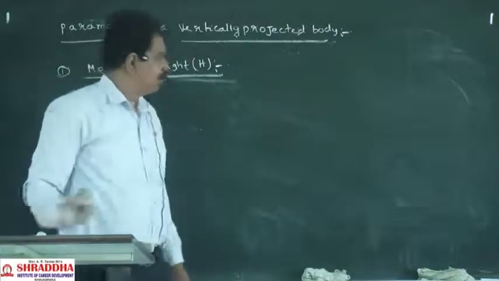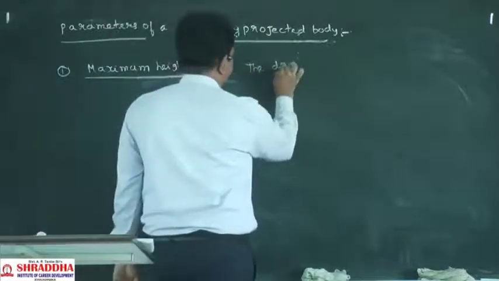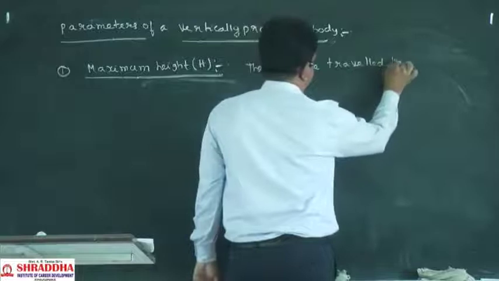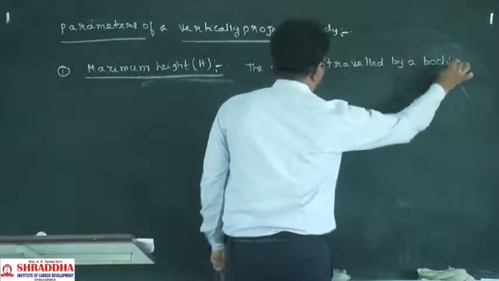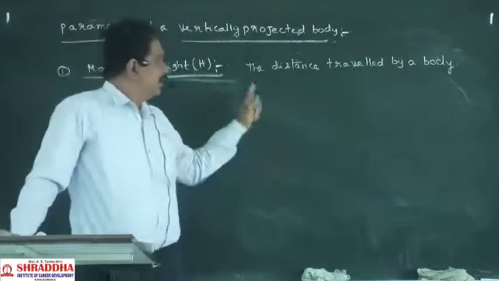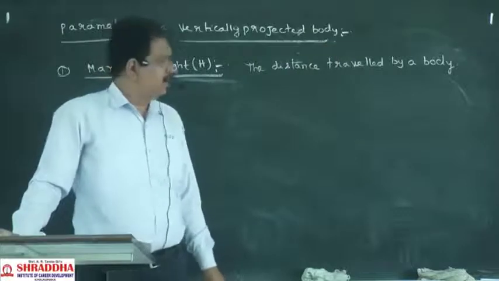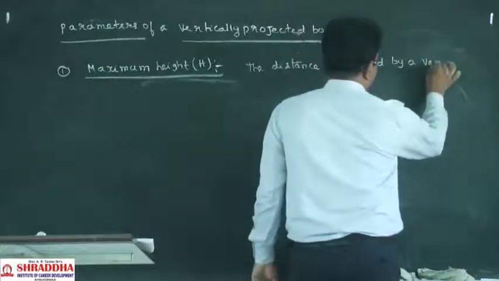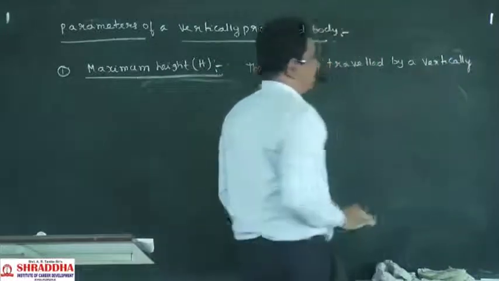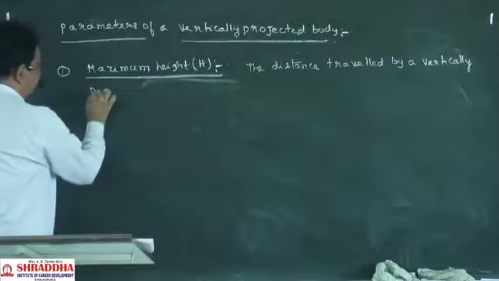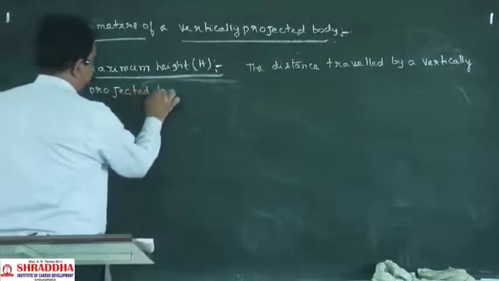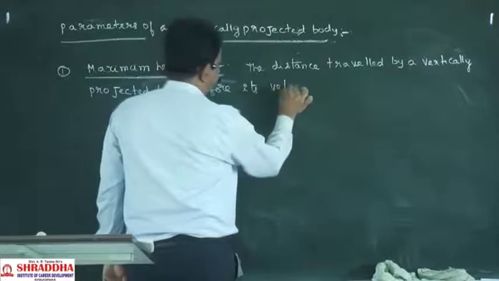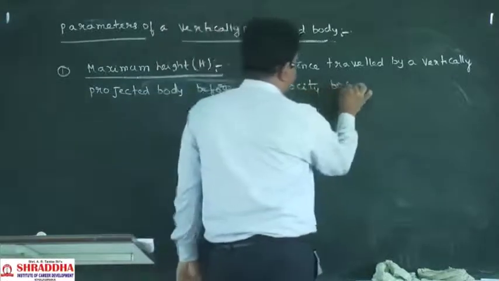How will it be defined? The distance traveled by a vertically projected body before its velocity becomes zero.